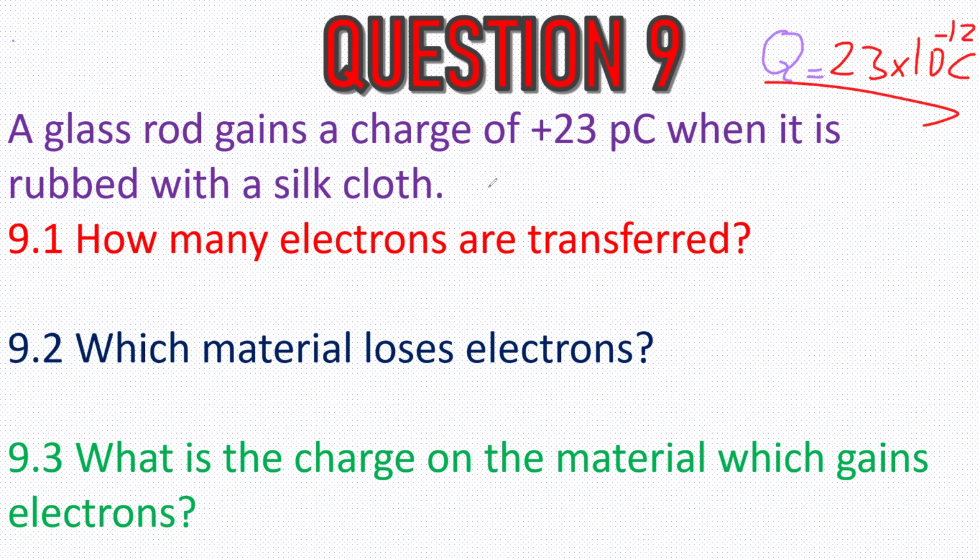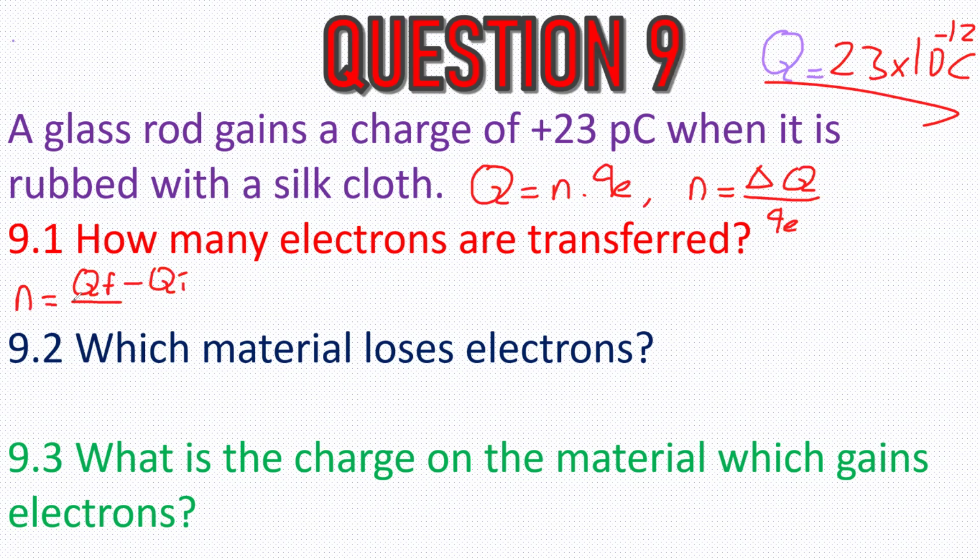So our formula Q equals N times QE. And then you can write N equals delta Q over QE. Just to understand, writing all steps. So N equals Q final minus Q initial over QE.